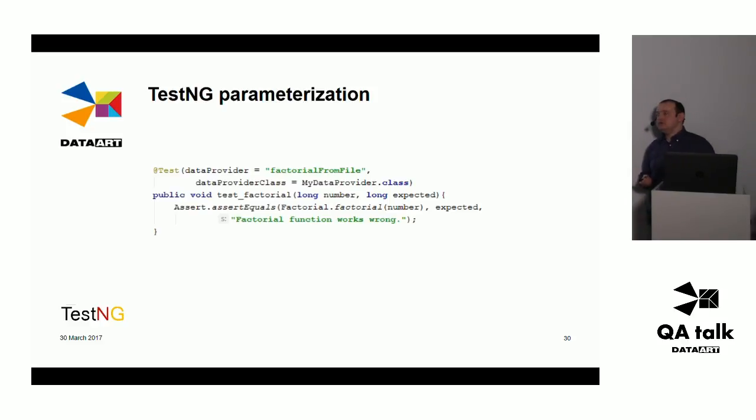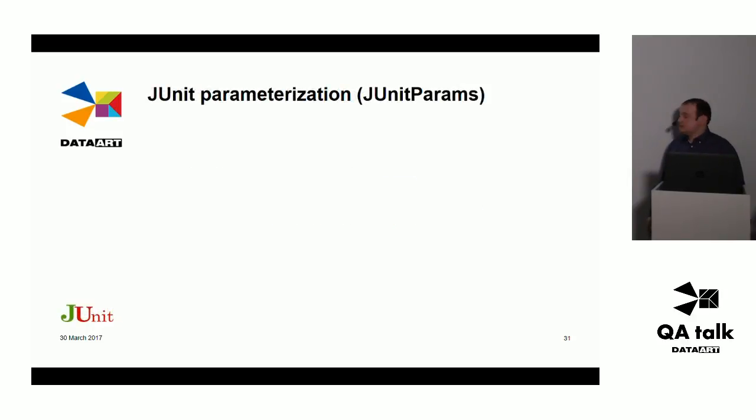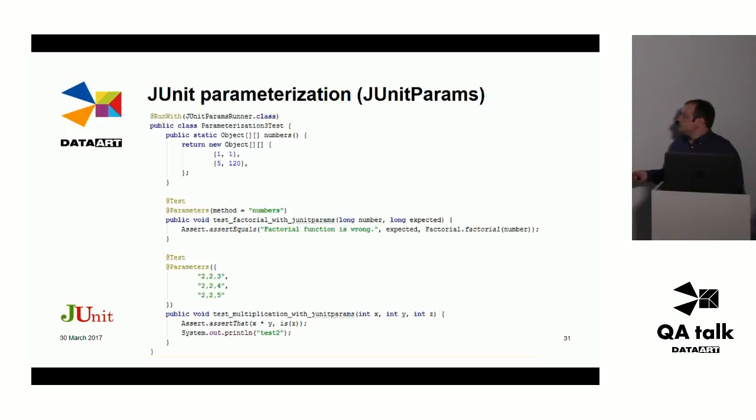In JUnit 4 previously there was a method to do this, to use a DTO and create this DTO for all possible cases. So maybe it's not flexible to create a separate DTO for every case. But with JUnit you can use JUnit params, for example.